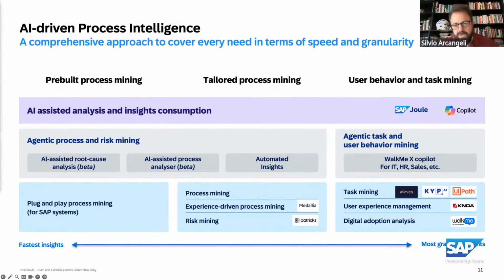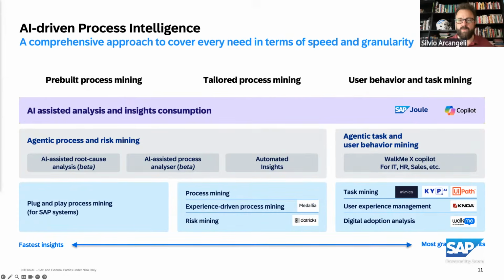Finally, when useful and when required, we can leverage our task mining and user behavior ecosystem to also go deeper in terms of granularity in checking how the users execute specific activities and tasks, using WalkMe for user behavior analytics, using Noah for user experience analytics, or using our partners like KYP, Mimica, UiPath for different flavors of task mining depending on your geography, on your needs, and on your target landscape.